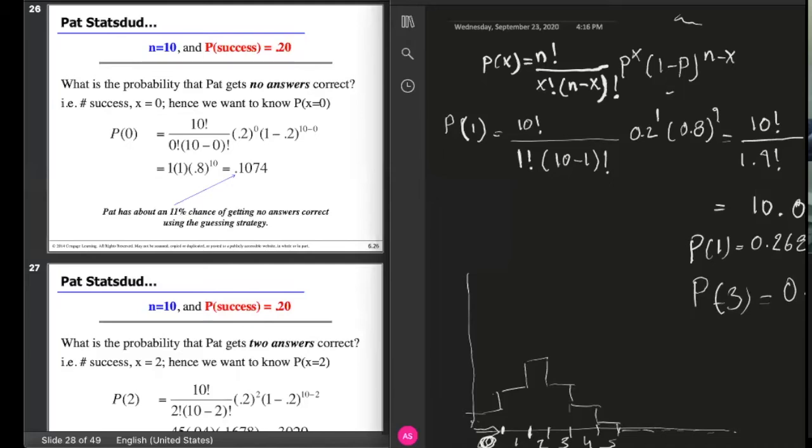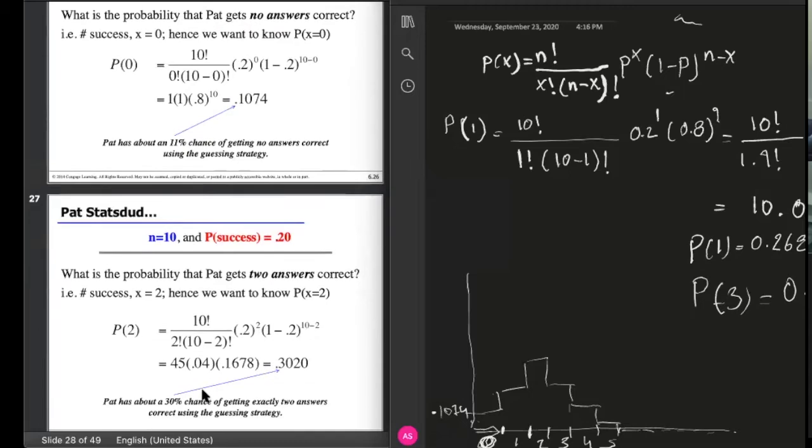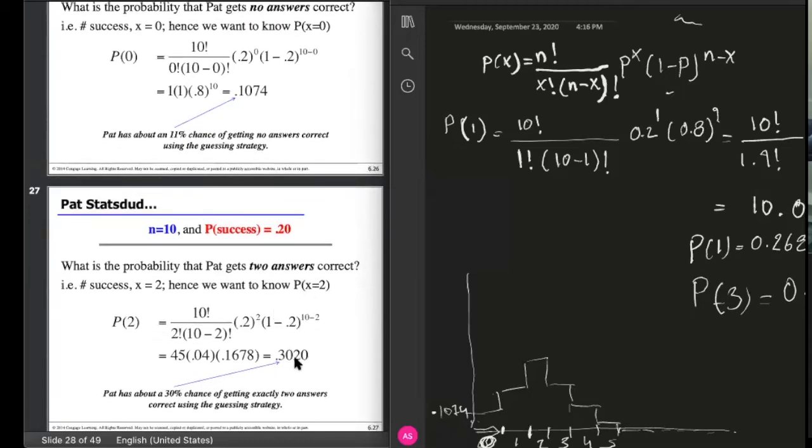So as you see, probability for 0 was essentially 0.1074 or 10.74%. Then we calculated the probability for 2, and as we saw, the probability of having 2 correct answers is 30%, 0.3020. Does that make sense?